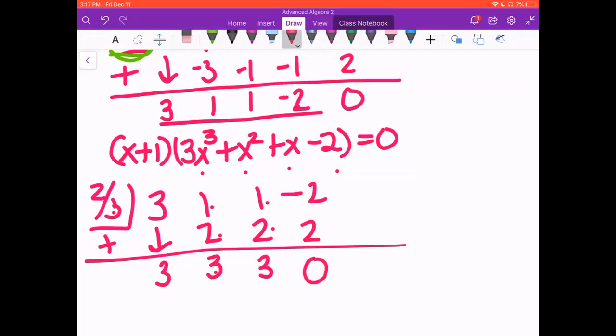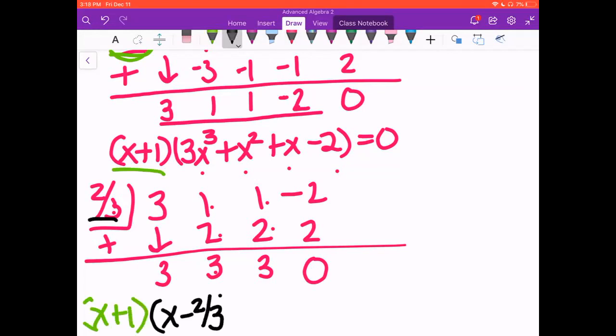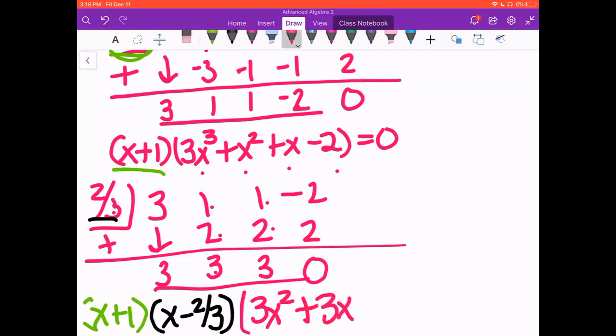So now that means that this factors, I've got this x plus 1 that gets brought down. I have the x minus 2/3. And now from this part, I have 3x squared plus 3x plus 3 equals 0.